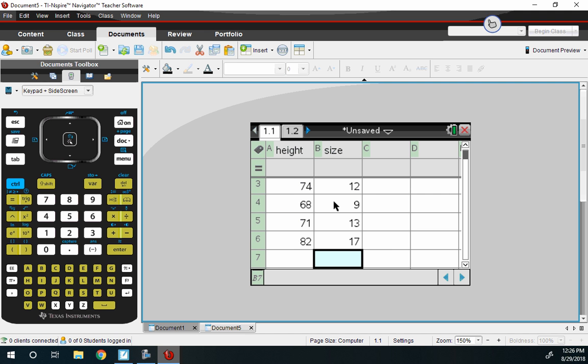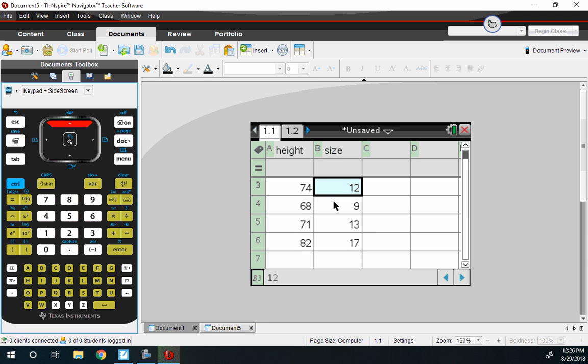So you're going to arrow up and up, and you get all the way to the top, and it doesn't matter if you're in cell A or cell B, but be in column A or B, one of the two. And I'm going all the way to the top, and it didn't highlight anything. I want to highlight the whole column. I'm going to arrow up one more time and watch what happens. Arrow up. Do you see how it highlights the whole column?